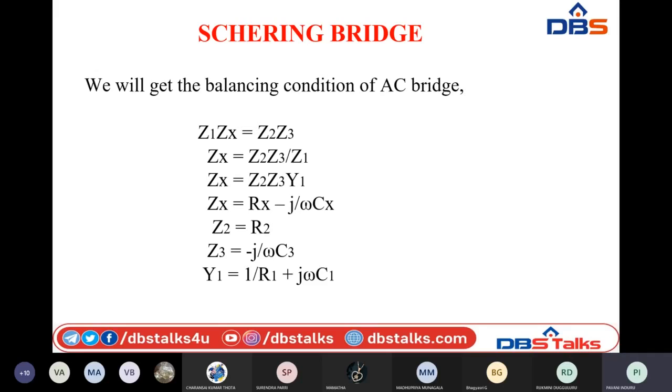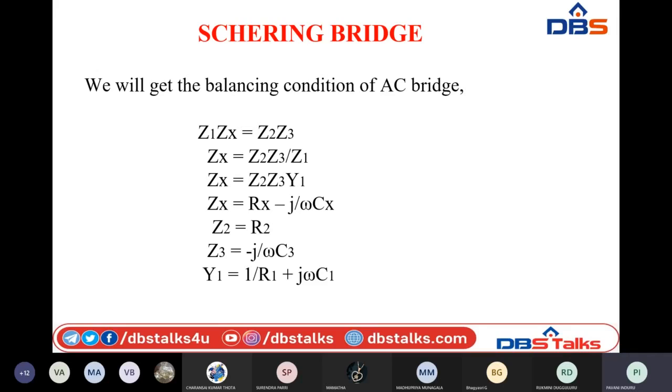Like we have done in Maxwell's bridge, here also we are going to take the reciprocal of impedance as admittance Y1. So Zx value can be determined by multiplying Z2, Z3 and Y1. Now Zx is nothing but the impedance of the resistor in series with the capacitor, so its value is generally taken as Rx minus j by omega Cx. Here j by omega Cx is nothing but the reactance of the capacitor.